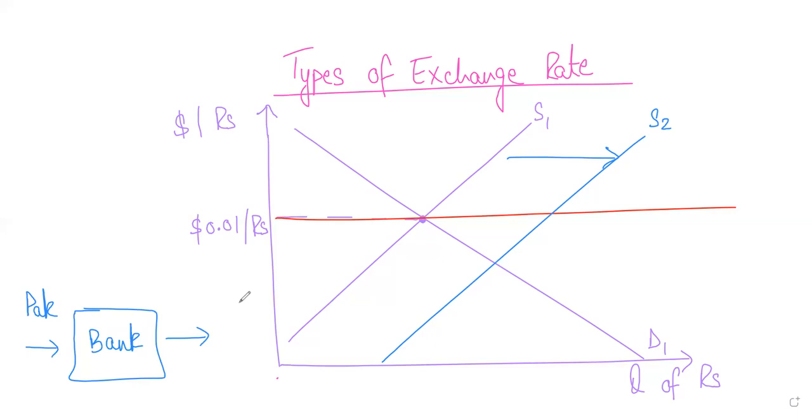PKR gets converted into dollars. So the currency that you give to the bank, it is that currency's supply which increases, and the currency that you demand from a bank, it's that currency's demand that will increase. This is making sense, right?